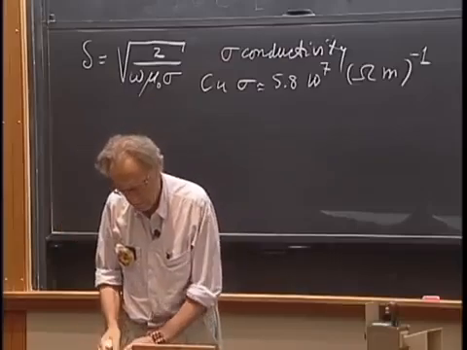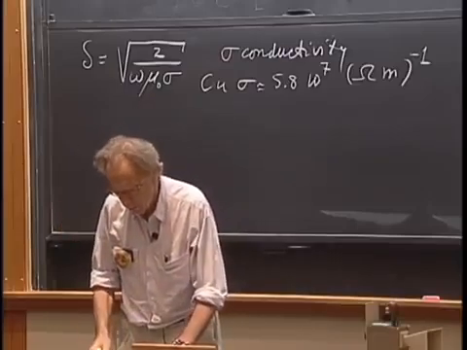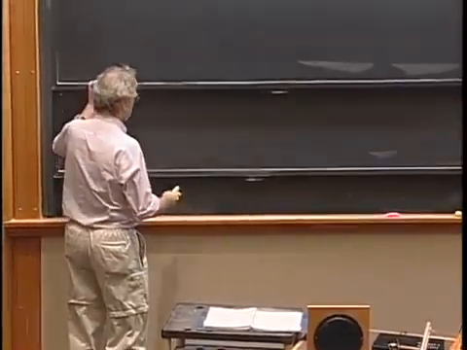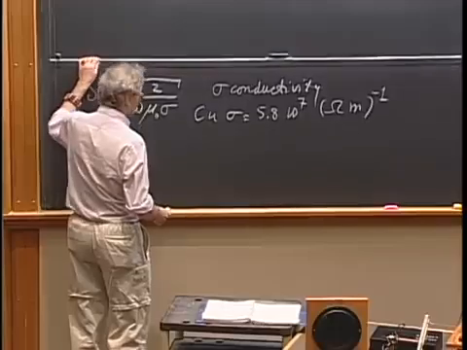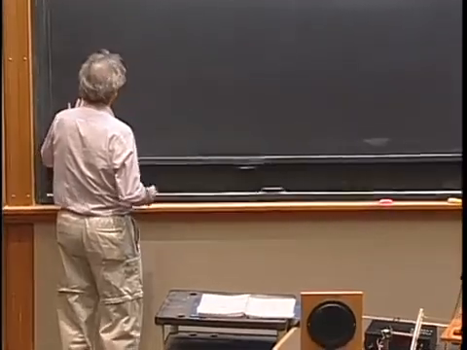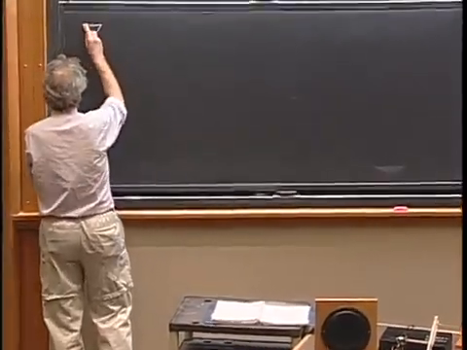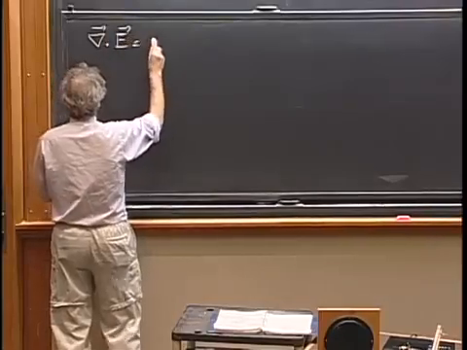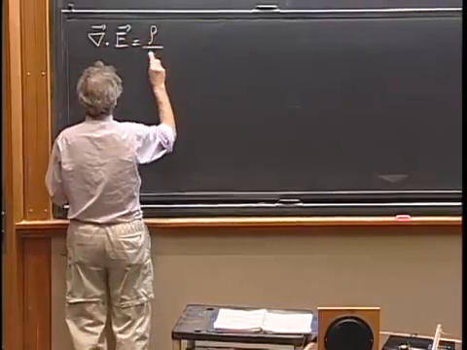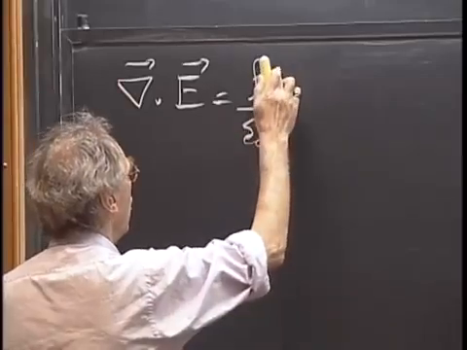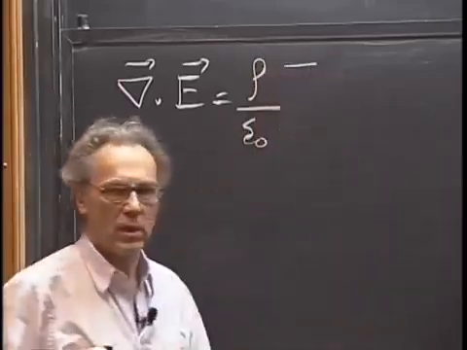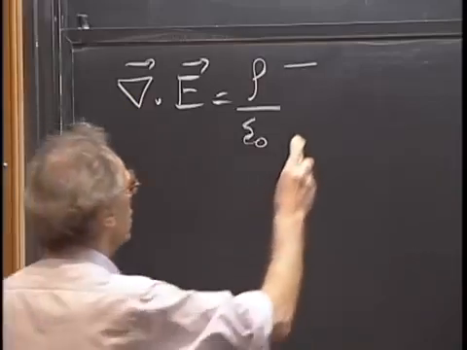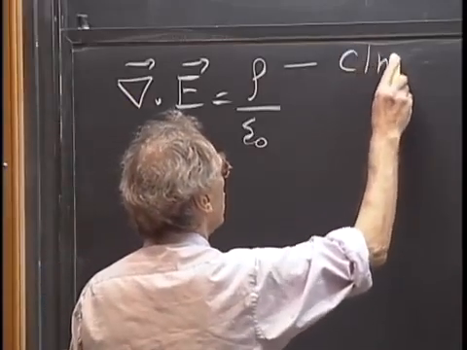So I want to start now deriving the boundary conditions, and I will start with the first Maxwell equation, which is the divergence of E equals rho divided by epsilon 0, whereby this rho is the volume charge density, in coulombs per cubic meter.